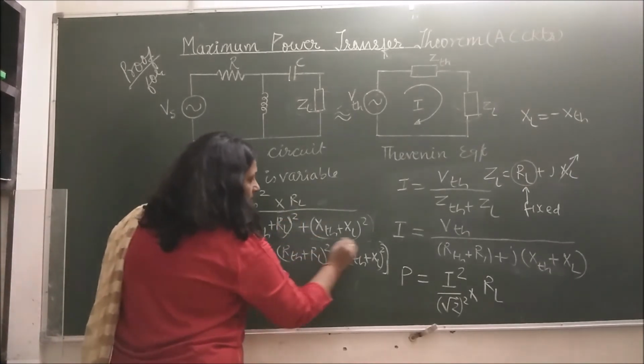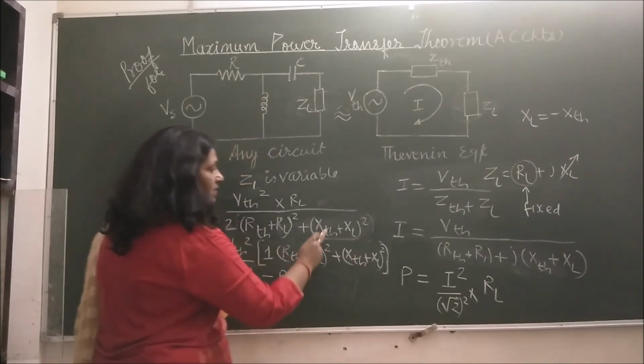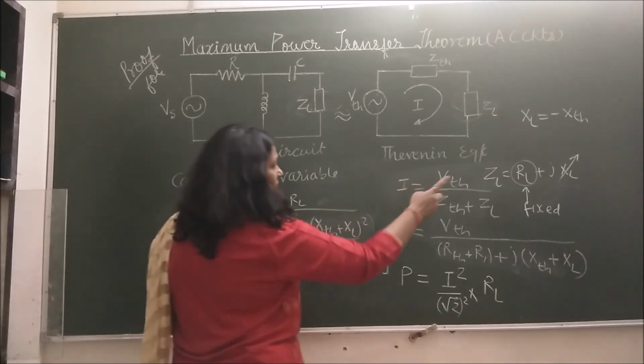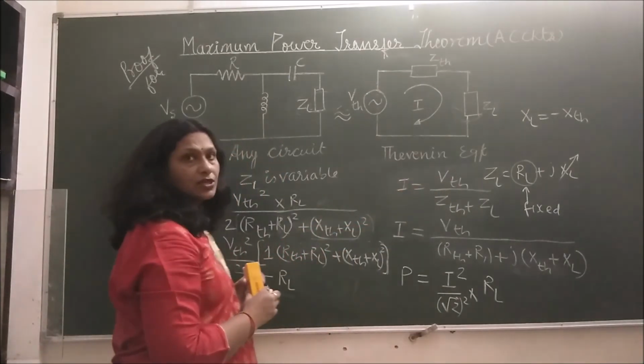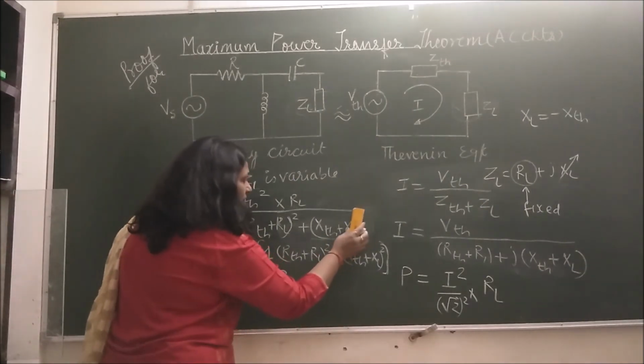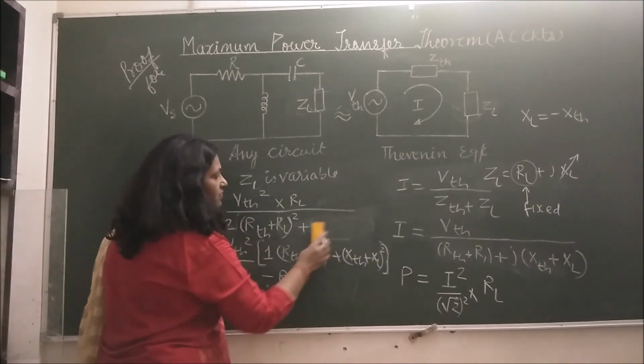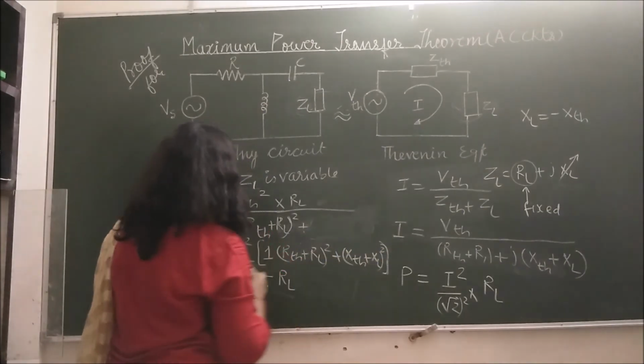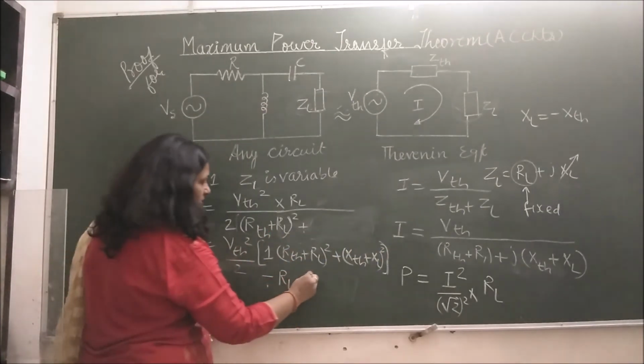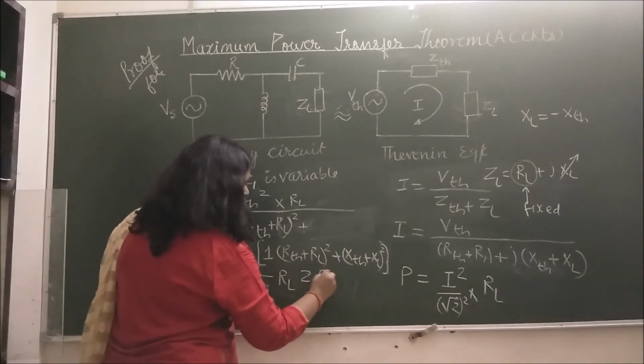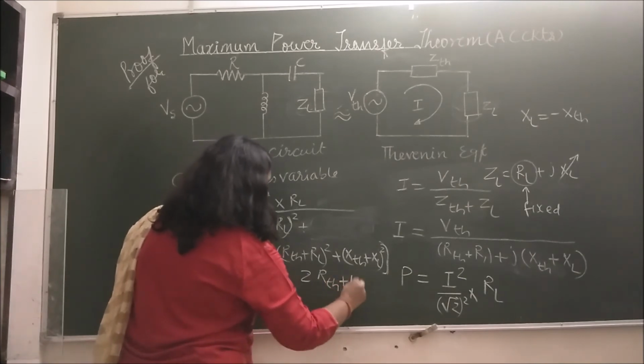Now, as we derived in the first case, XL is equal to minus XTH, so this term will vanish and become 0 in our equation. Differentiating the denominator will give 2 times RTH plus RL.